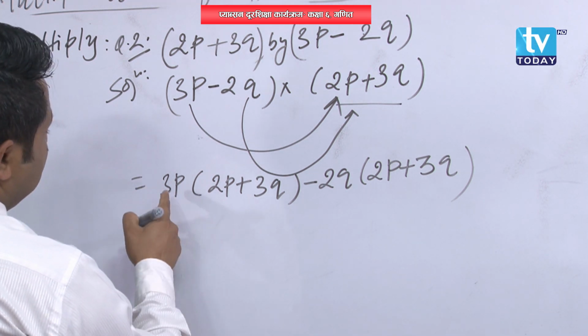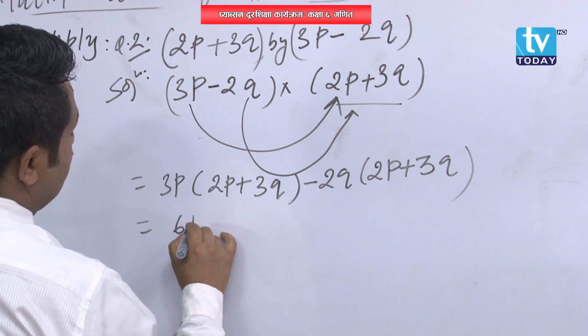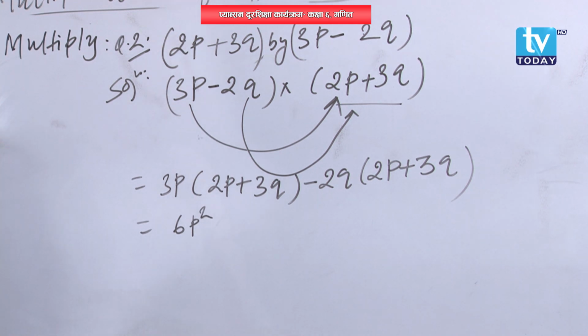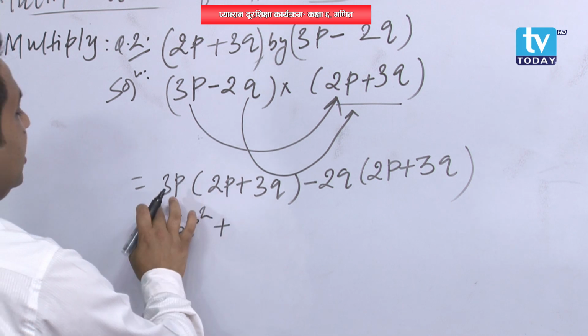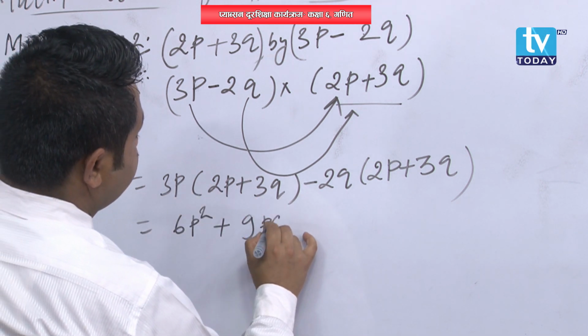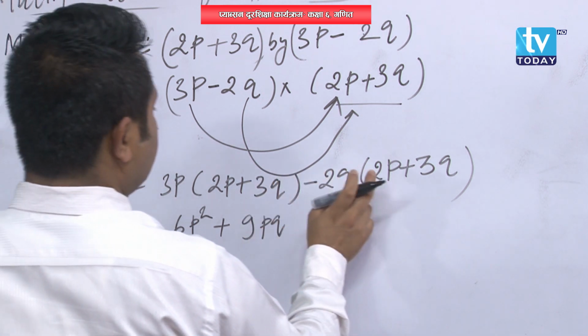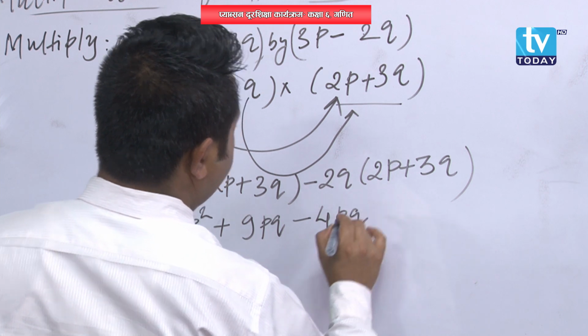Now you can multiply here: 3 twos are 6, p into p, p square. Is that clear? Plus into plus, plus 3 threes are 9, p into q, pq. Minus into plus, minus 2 twos are 4, 4pq.